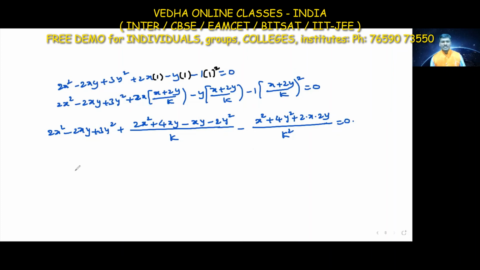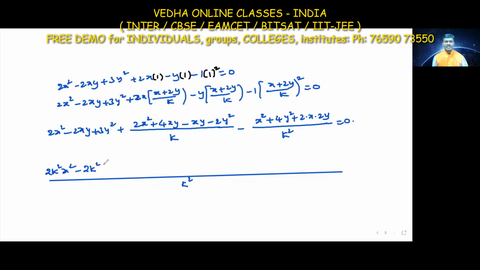Now take the LCM, which is k square. So we get k square here. Now multiply k square into all these terms, that is 2k square x square minus 2k square xy plus 3k square y square. For these terms we have to multiply by k, since we already have k in the denominator.